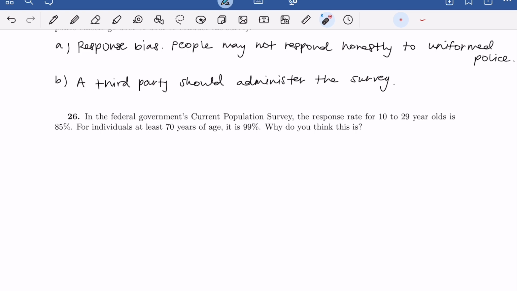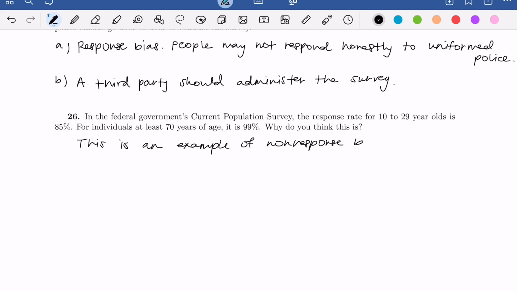There's a higher chance that individuals at least 70 years of age are going to be at home when an interviewer conducts the survey, whereas people aged 10 to 29 most likely won't be at home. So I'll say this is an example of non-response bias.